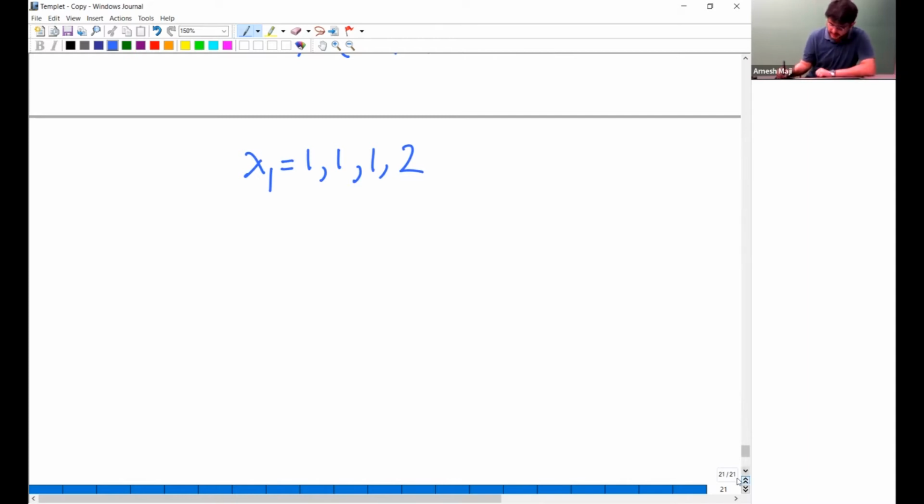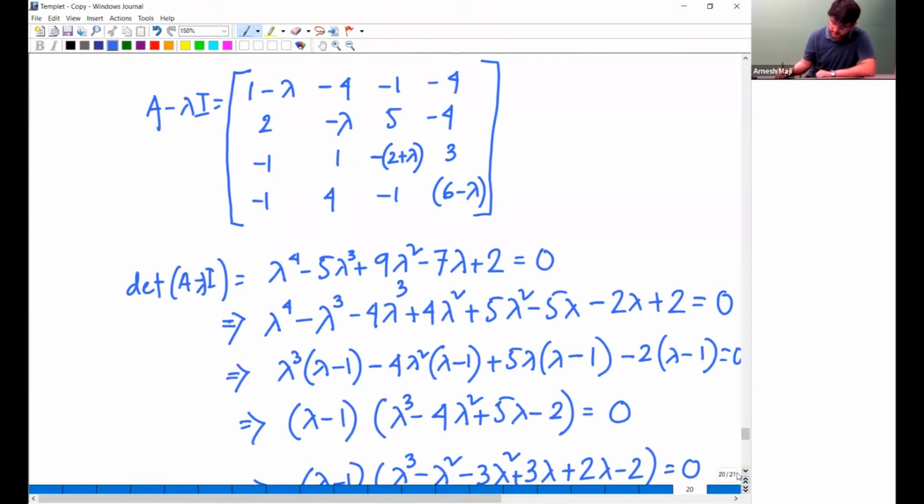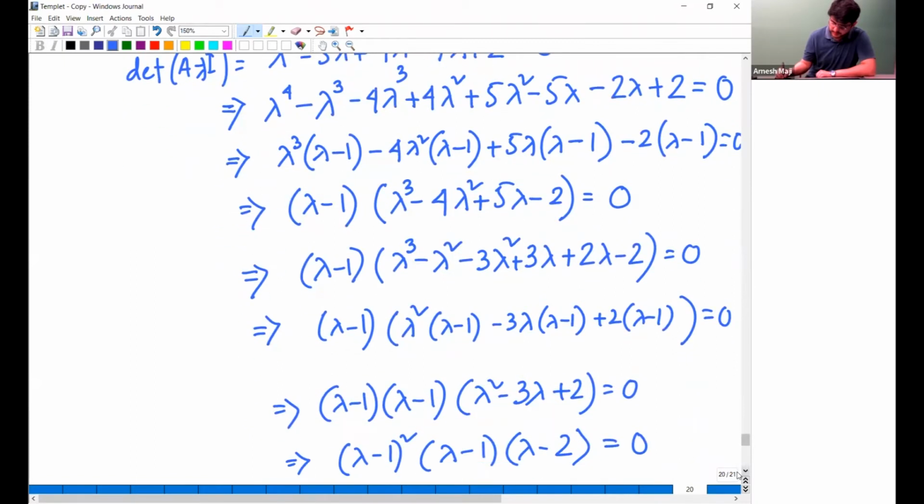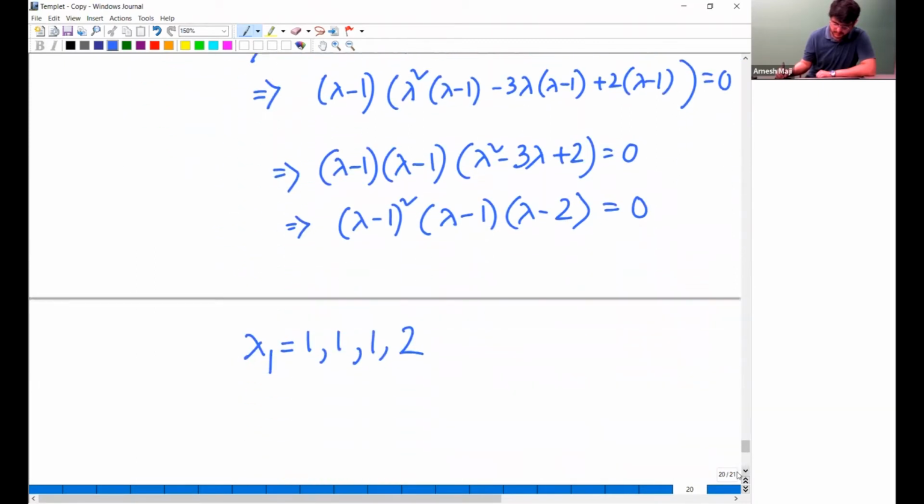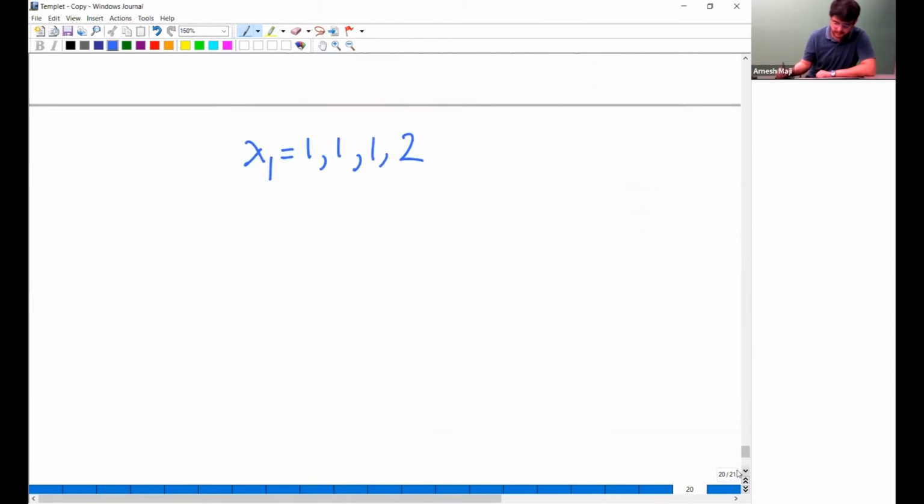Now we have to find eigenvectors. This won't be lambda 1, this will be just lambda. All of these are different values of lambda. So let us take the first case when lambda is equal to 2.